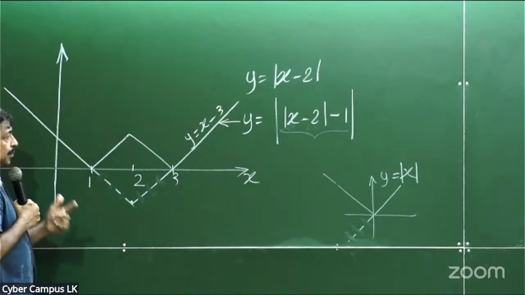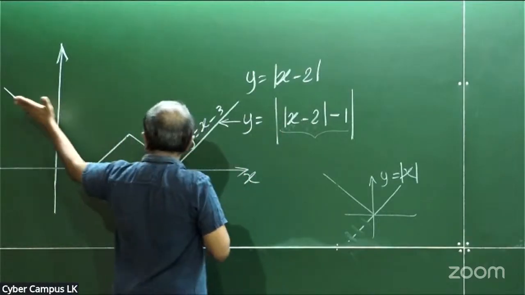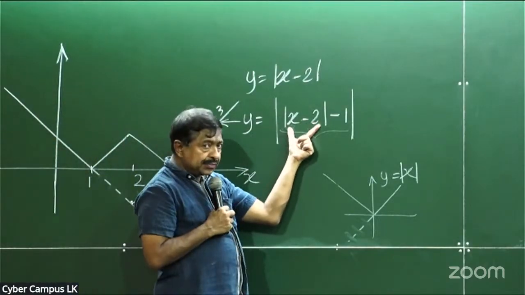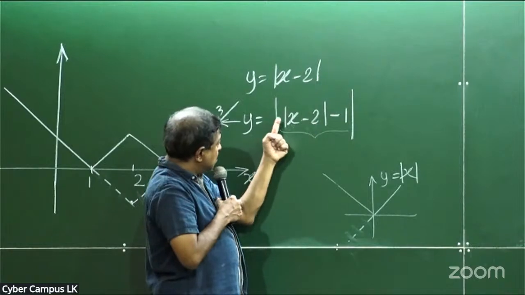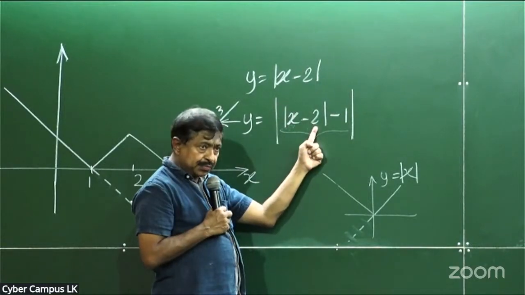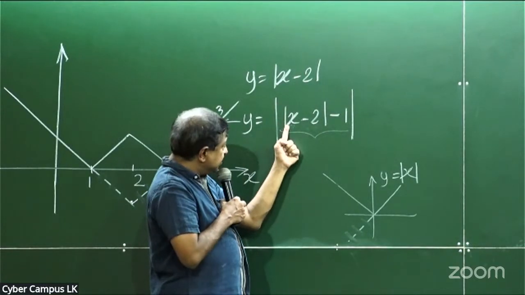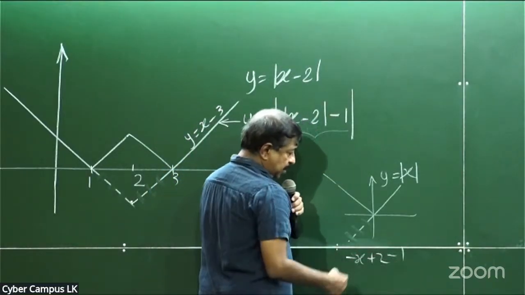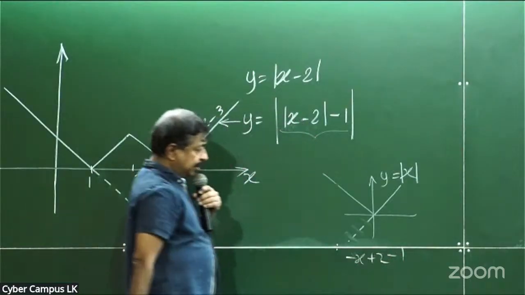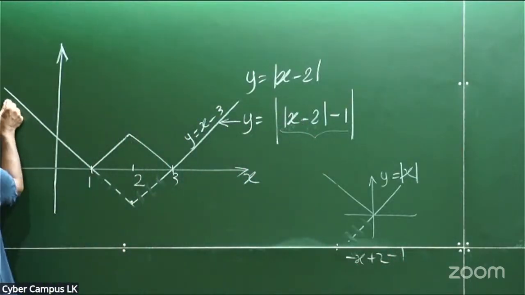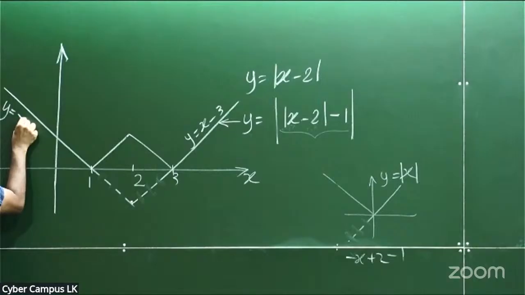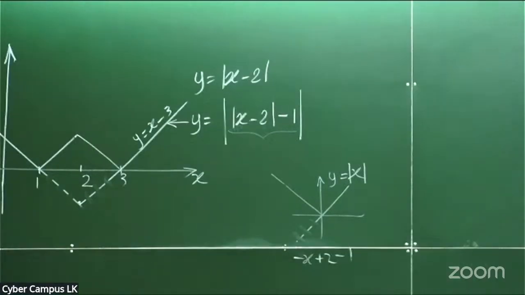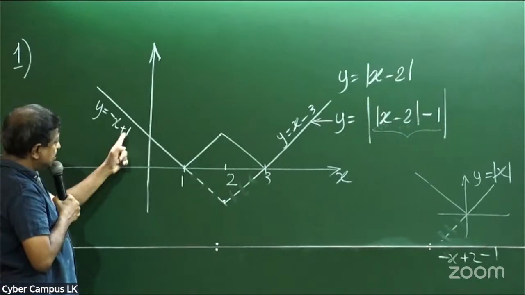There, this part appears as its negative value, like minus x plus 2. So it is minus x plus 2 minus 1, so it is minus x plus 1. And you can clearly see that this goes through 1, therefore the intercept is 1.